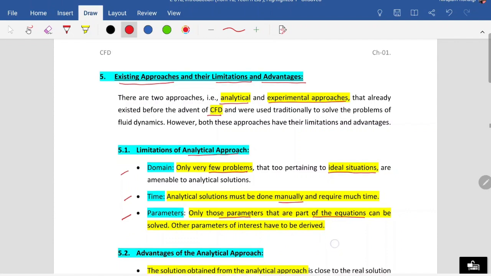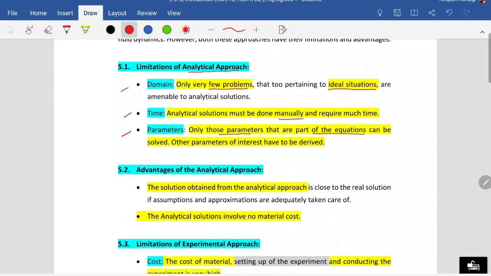Okay. But what is the advantage of analytical approach? The advantage is that the solution obtained from the analytical approach is close to the real solution if assumptions and approximations are adequately taken care of. What you are getting? The absolute solution provided your assumptions and approximations have been taken care of.